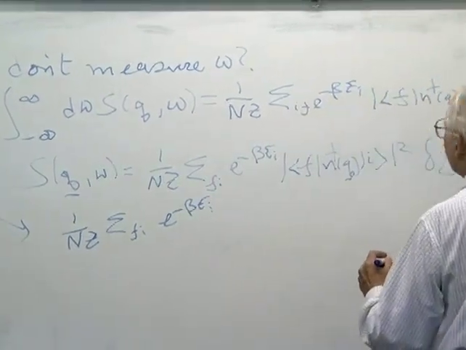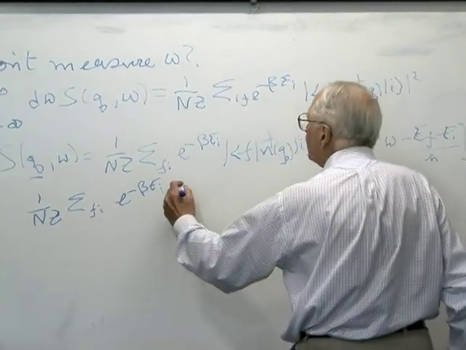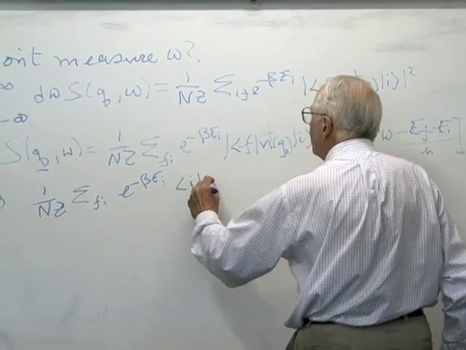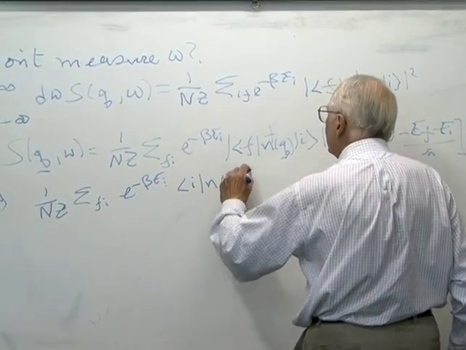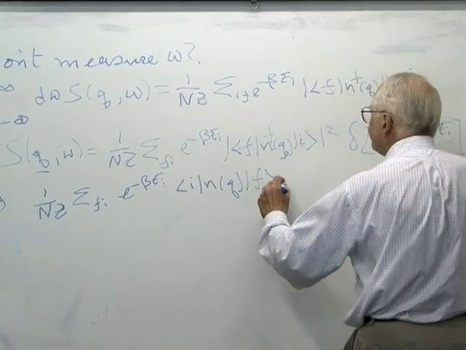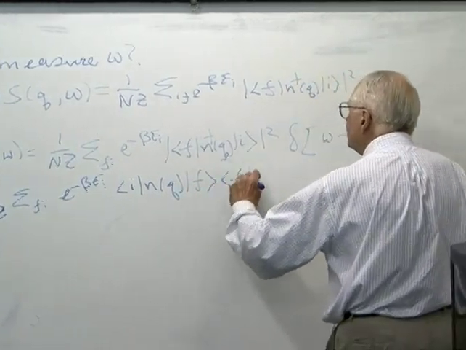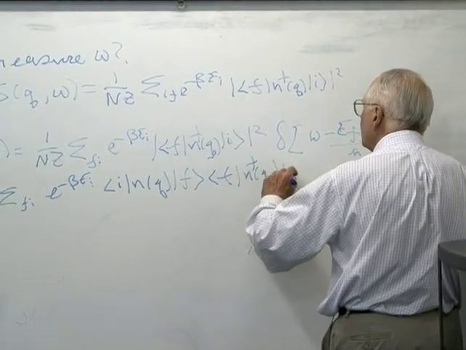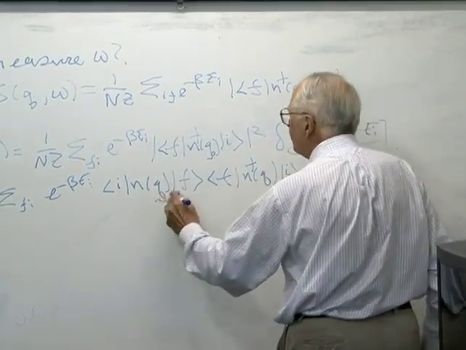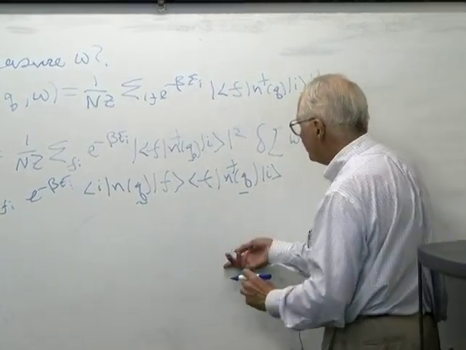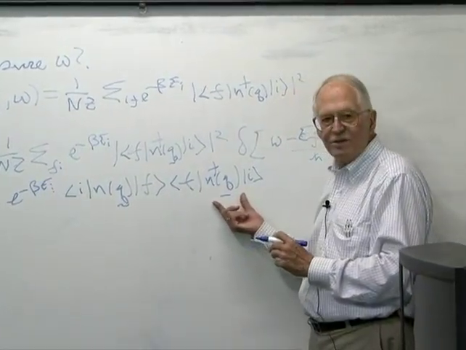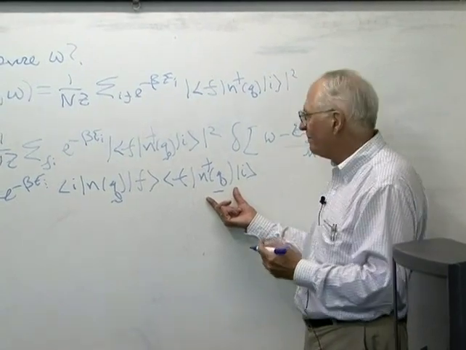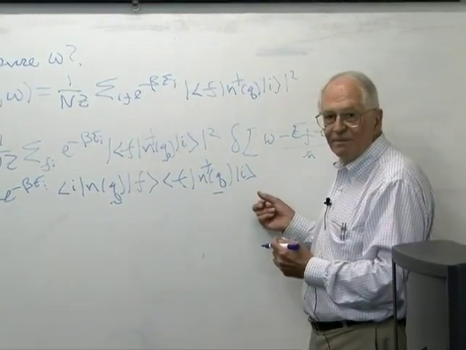Now let me write this matrix element out. I get i n of q f times f n of q adjoint i. And these are strictly vectors, although in many cases this only depends on the magnitude of q because of rotational invariance.